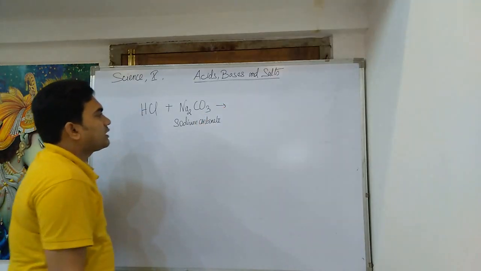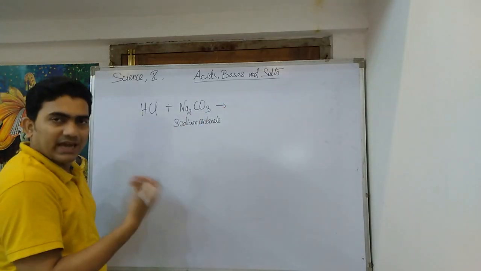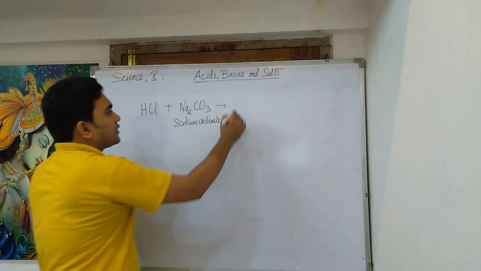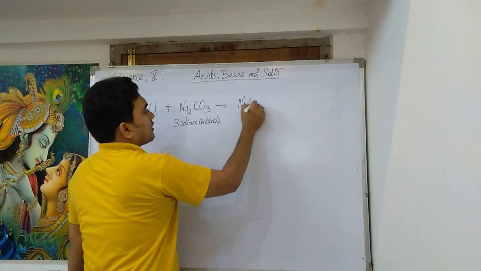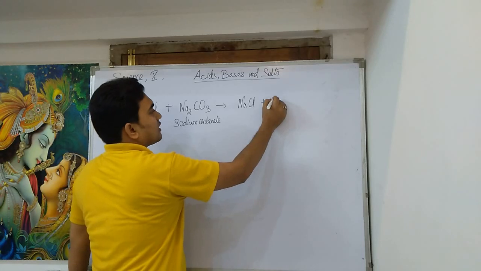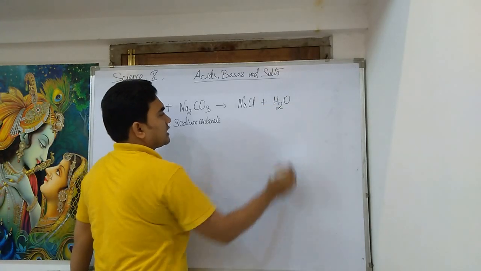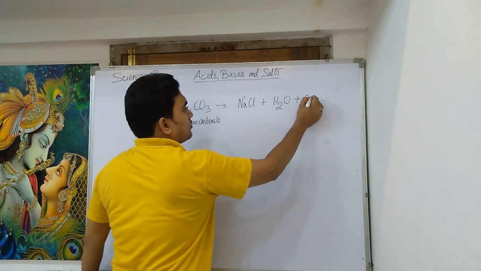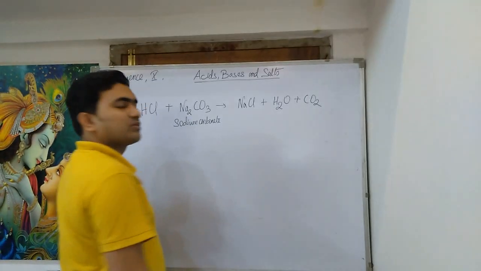When this mixture reacts together, then the output is NaCl along with water and a new product, carbon dioxide.